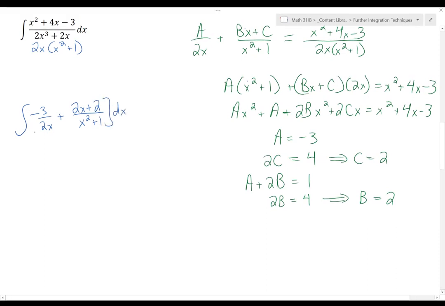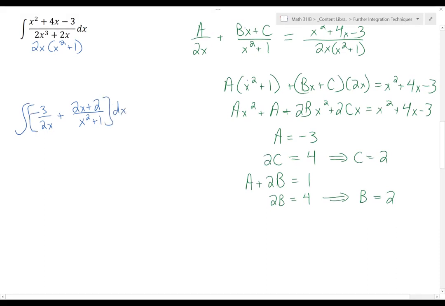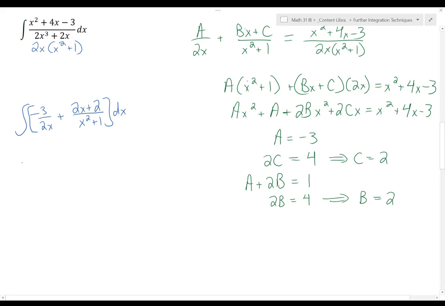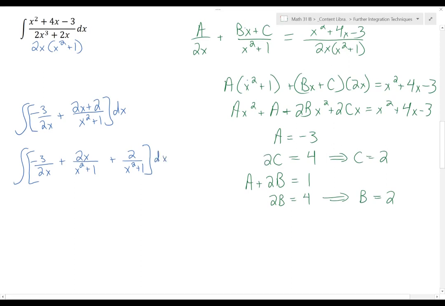I'm actually going to go one step further, and I'm going to take that second fraction and distribute the division. So I'm going to now have the integral of negative 3 over 2x plus 2x over x squared plus 1 plus 2 over x squared plus 1. This now leaves me with three fractions, all of which have fairly straightforward integrals.